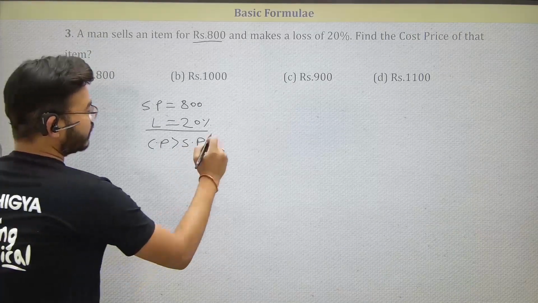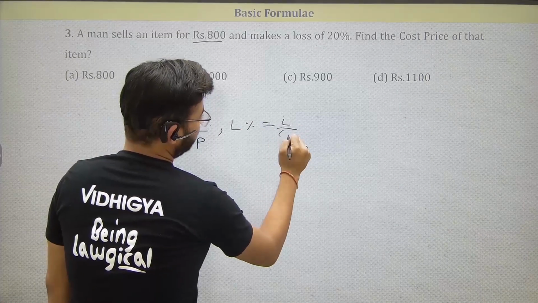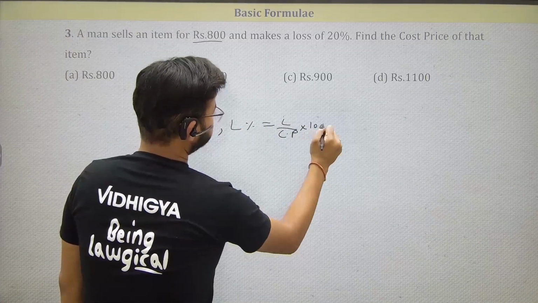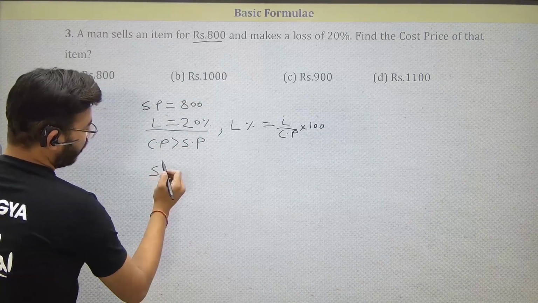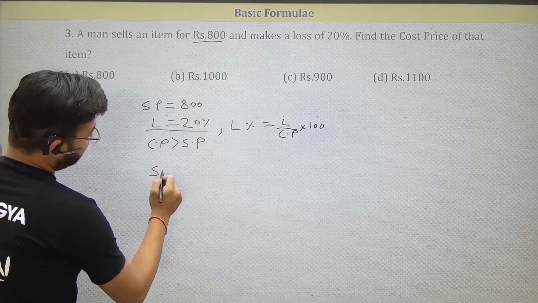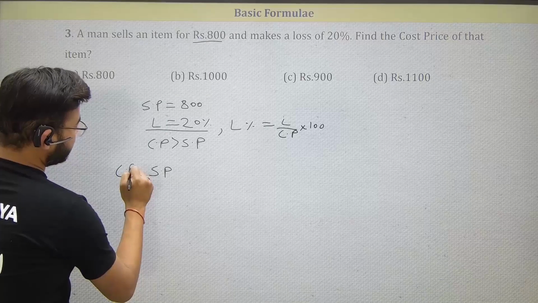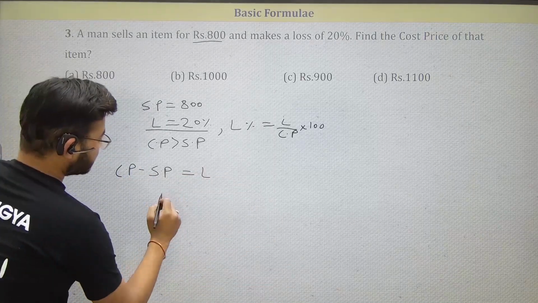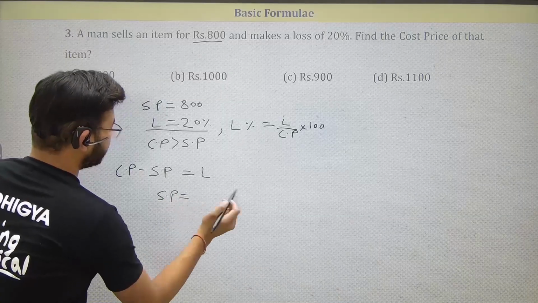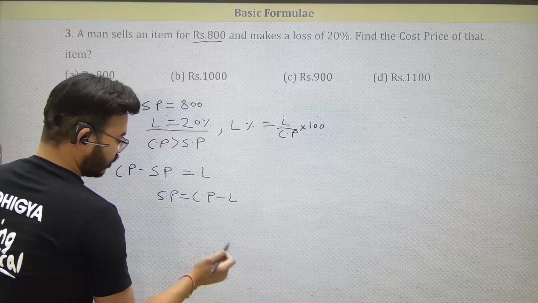Okay. Now again, we know that loss percent is equal to loss upon CP into 100. And we know that cost price minus the selling price is equal to loss, or selling price is equal to cost price minus the loss.